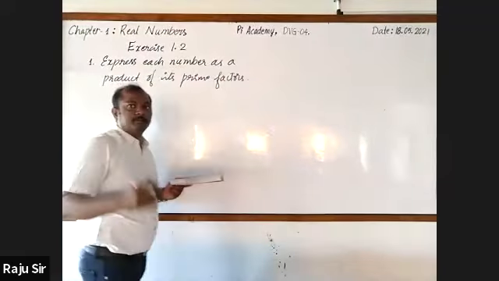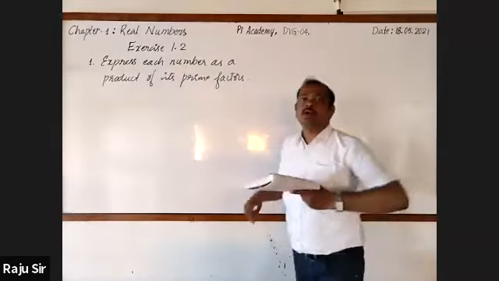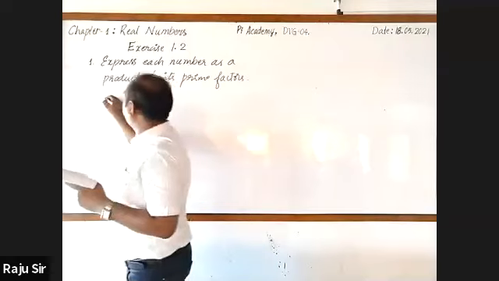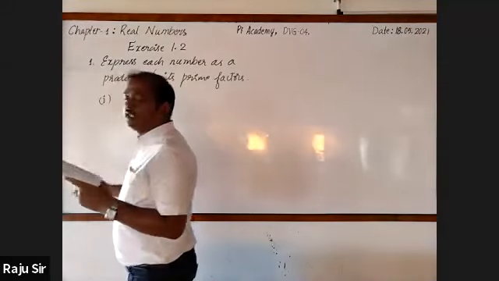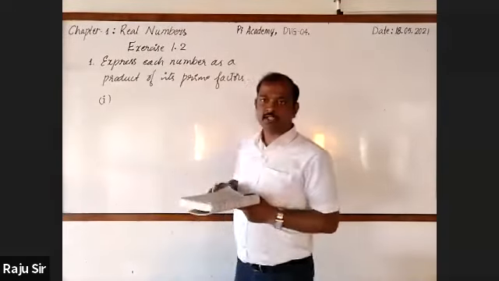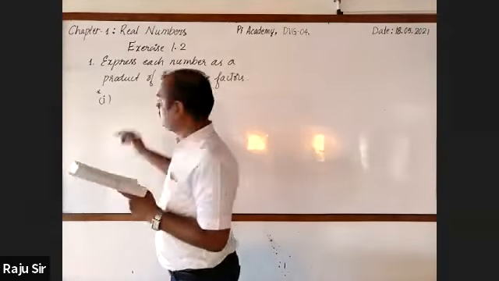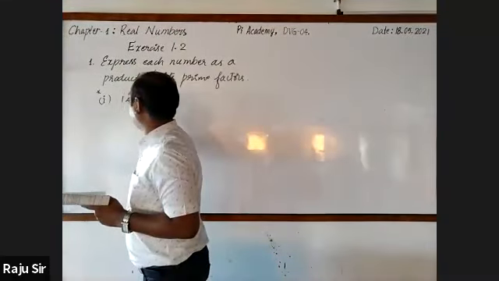It is nothing but FTA, also called prime factorization. The very first one was even given in the examination as well. Just put a single star mark for this. The first one is 140.